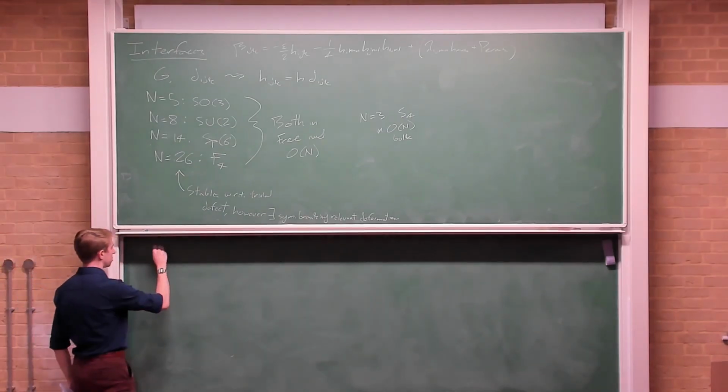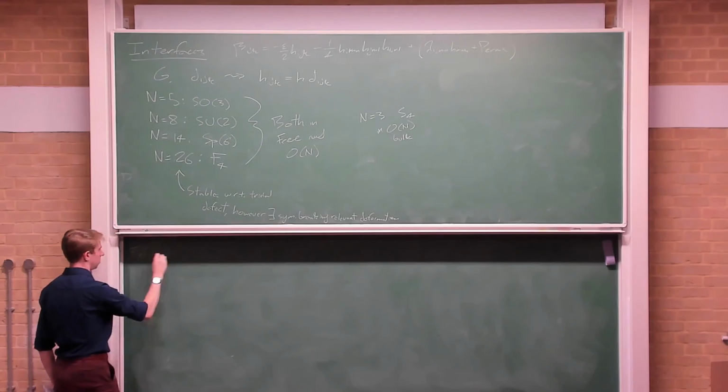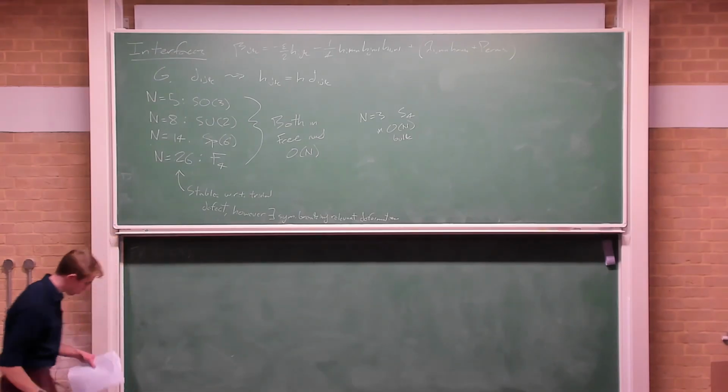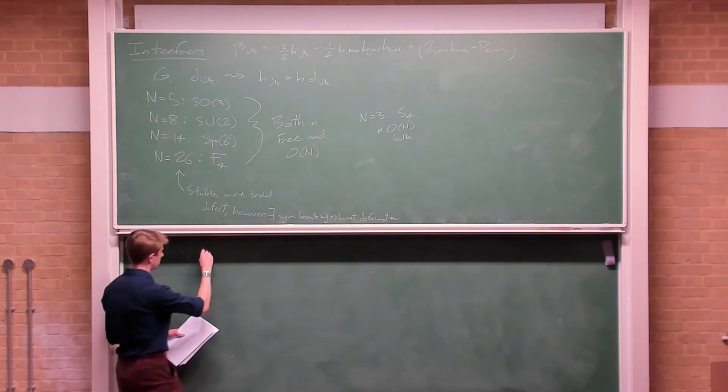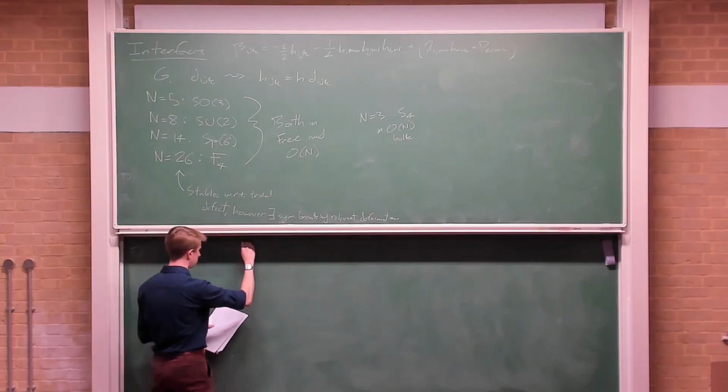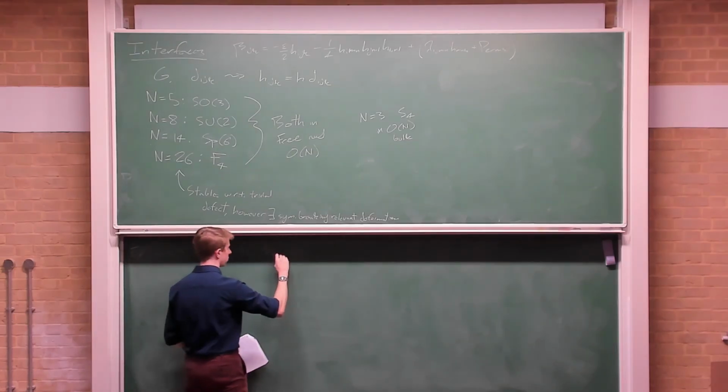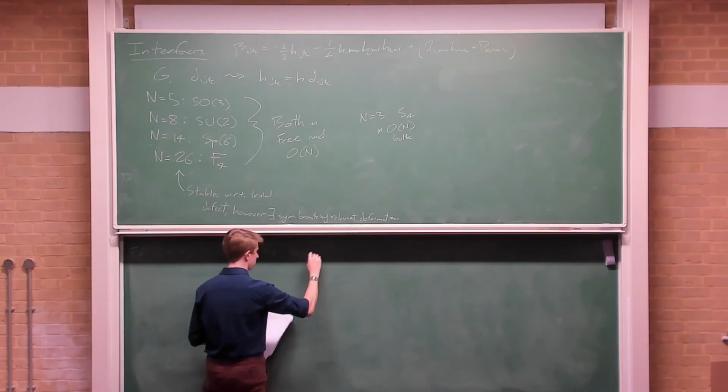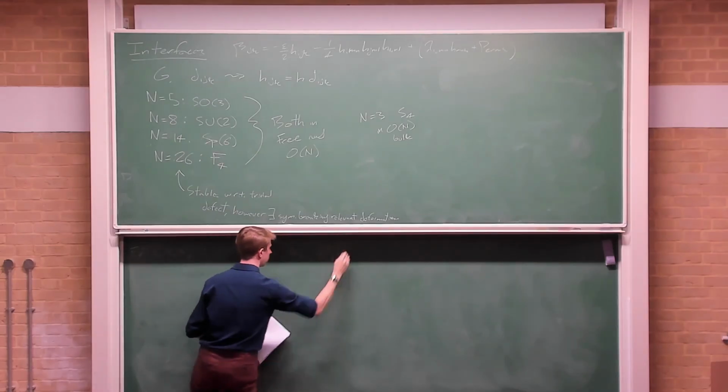So for instance, if we choose an O3 bulk, so for n equals 3, we can get O2 interfaces, S4 interfaces, S3 interfaces, Z2 squared.